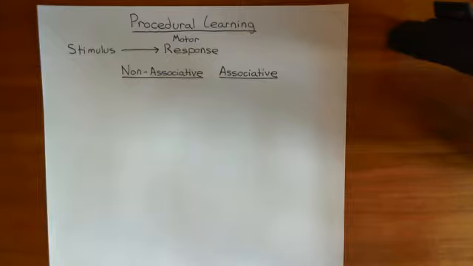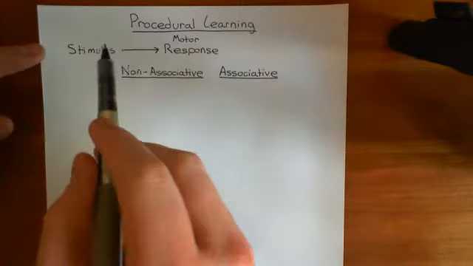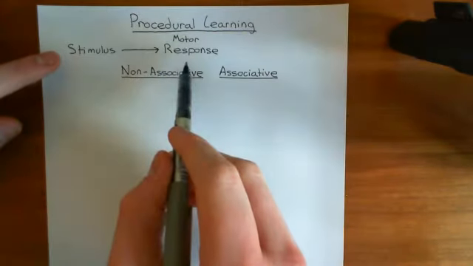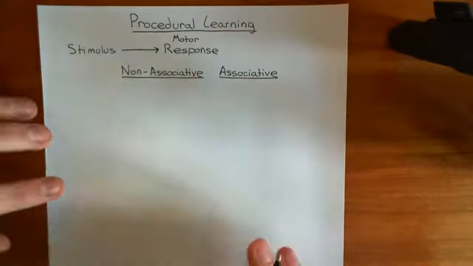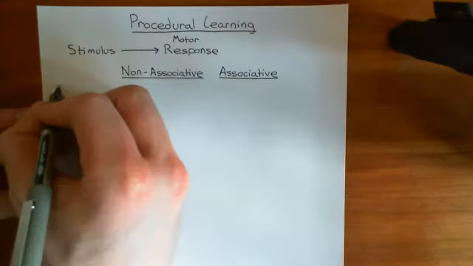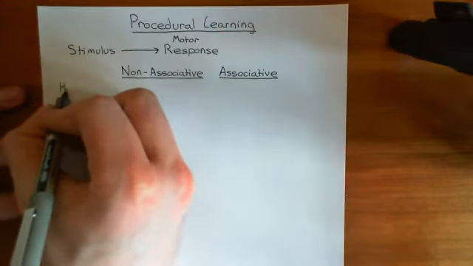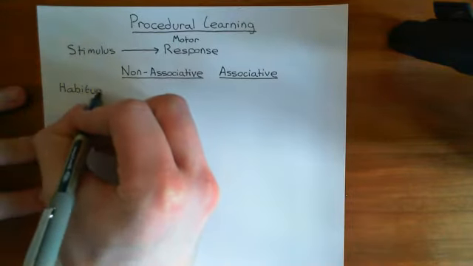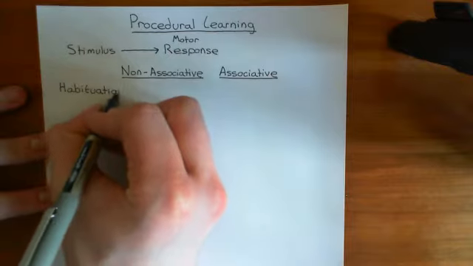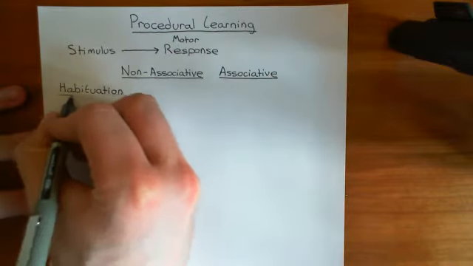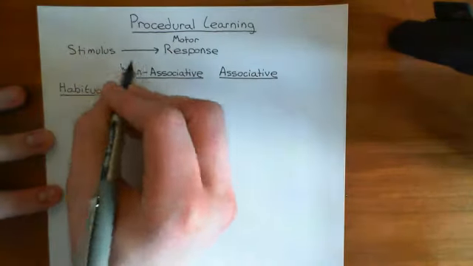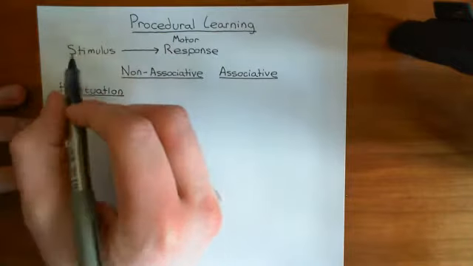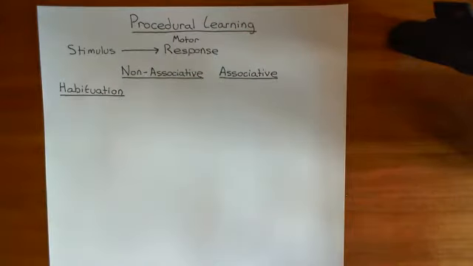Non-associative learning is very much so about changing your motor response to a stimulus. There are two types. The first is called habituation. This is basically where you stop having a motor response to stimuli which are unimportant, which lack importance.